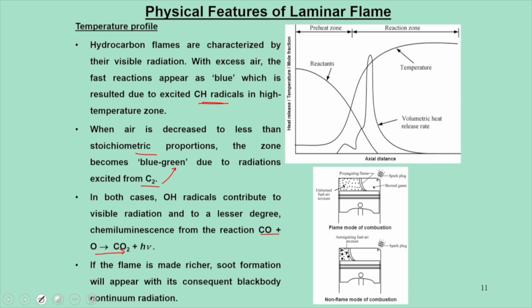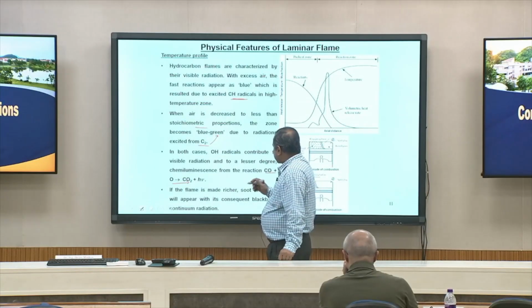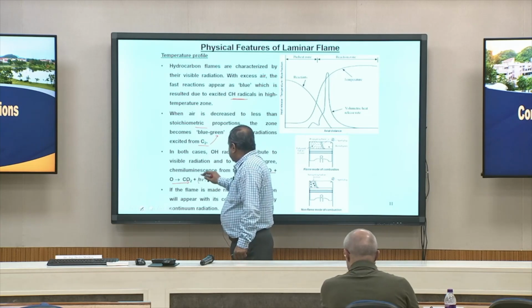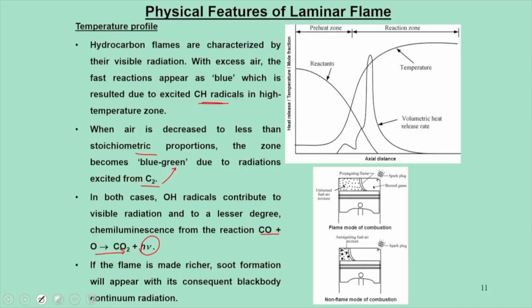Now in our previous lecture we said that CO always tends to mix with oxygen to form CO2 if it gets a favorable environment, and through this formation it releases some radiation energy in the form of h nu, and this nu basically talks about the chemical luminescence of this reaction.